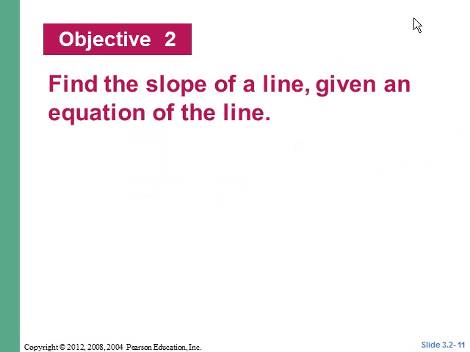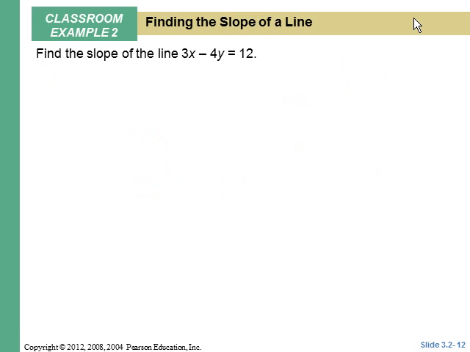Now, we can also find the slope just by looking at the equation. What's the slope of this line? Well, there's a couple ways to do it. The way that the book talks about is to use the intercepts. So if x is 0, y is negative 3. If y is 0, x is positive 4.